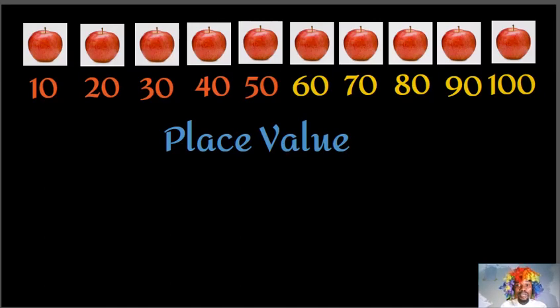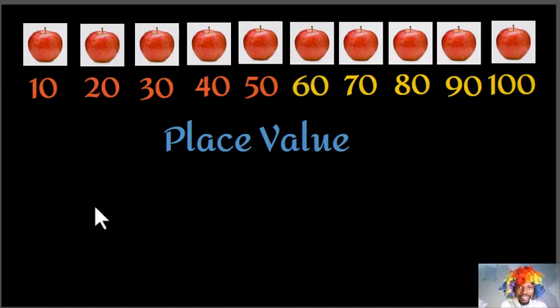occupies in a number. All these are numbers. 10 is a number, 20 is a number, 30 is a number, down to 100. These are all numbers.